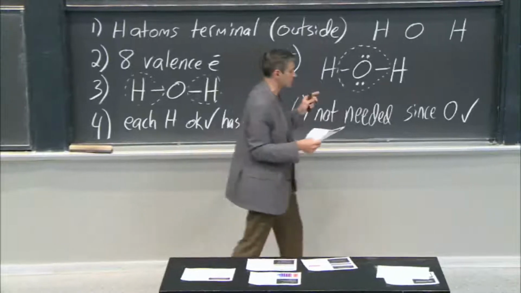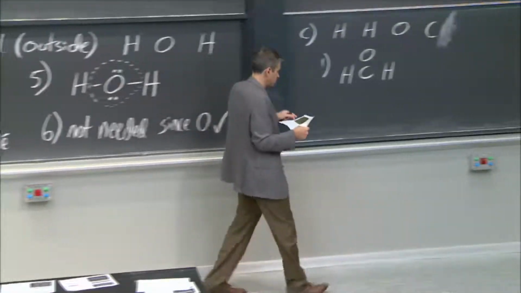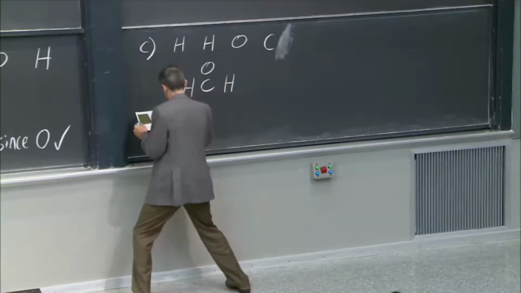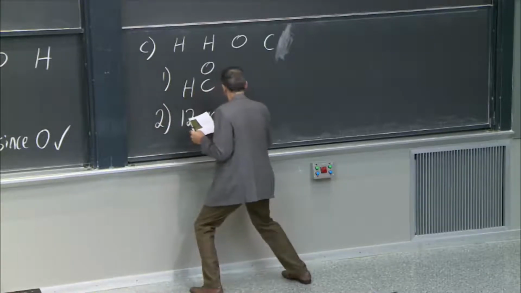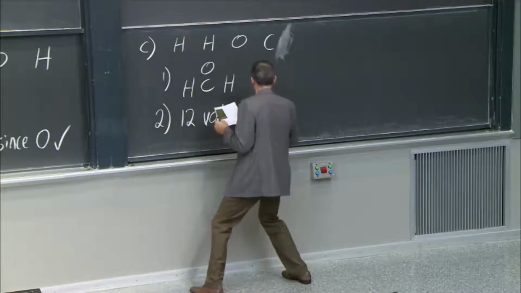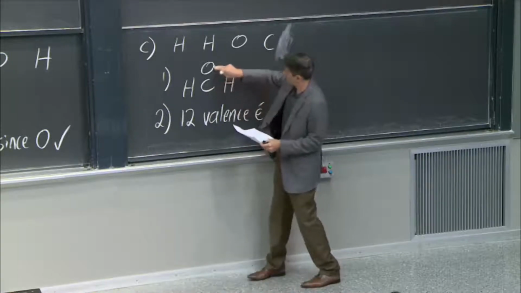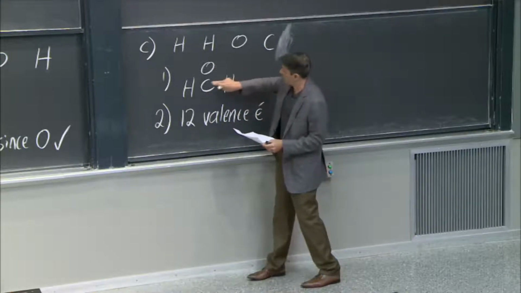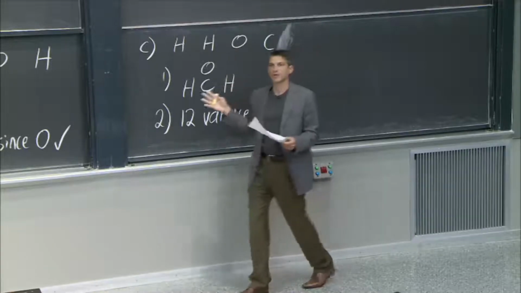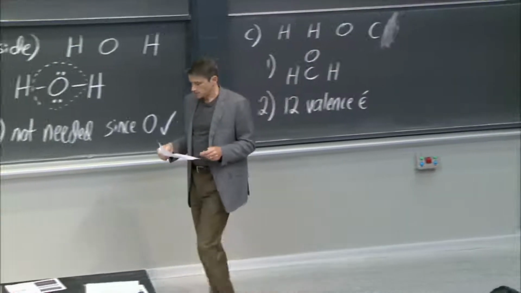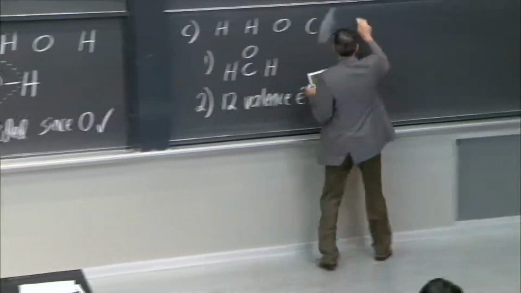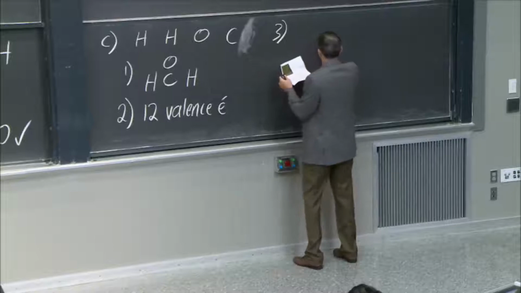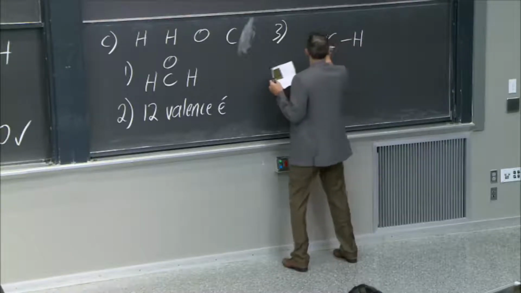Now, answering step 2, I've got 12 valence electrons, because I've got 2 hydrogens, 4 for carbon, and 6 for oxygen, so 12. Good. And now I'm going to put the bonding pairs in there. So step 3, now I've got CH2O.